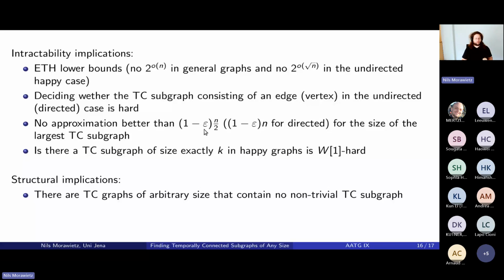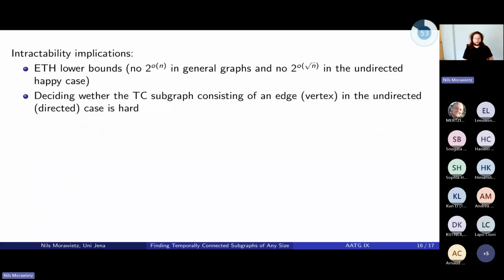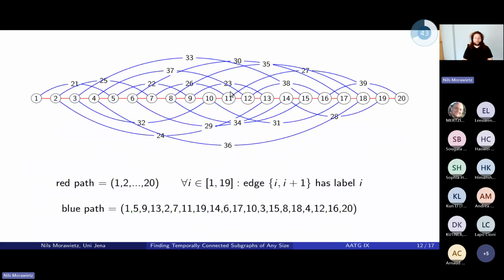And also what we show is that for any given girth g, there are temporally connected graphs of that girth. Meaning that our gadget here is an example for girth 5, or you can make it into an example for girth 5 if you order the red path from right to left.